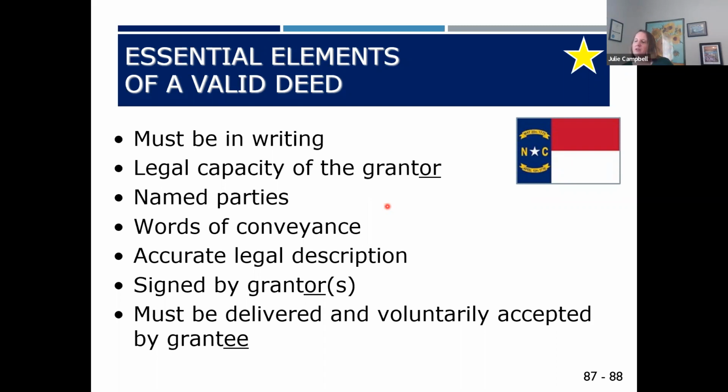Deeds don't have to be recorded to be valid. Y'all make a big star, highlight, arrow, dog ear, something on that bullet point. This is the problem topic all day long. When a judge is determining if a deed is valid, the judge doesn't care if it's recorded. The truth is we record all of our deeds. Absolutely, they're recorded. But it's not because that's a required element of a deed.